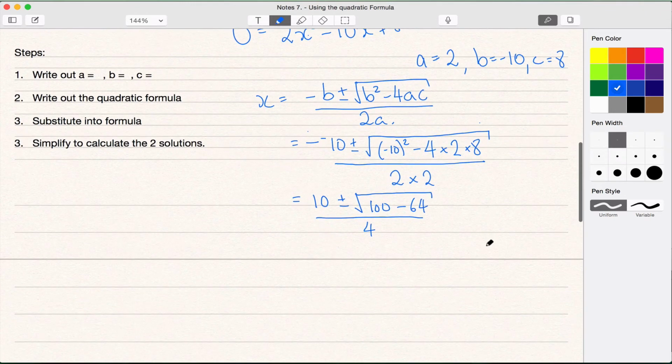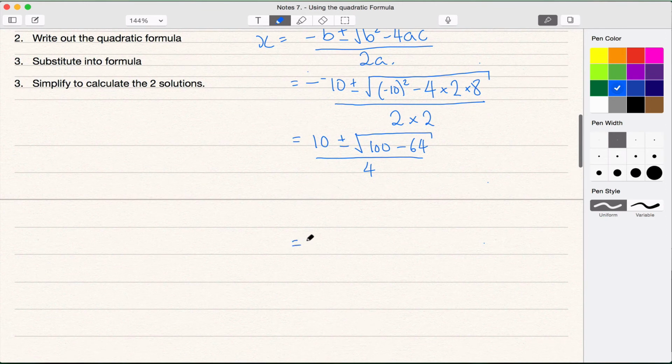Over 4. Going on to the next page. 10 plus or minus 100 minus 64 is 36 over 4. Square root of 36 is 6.